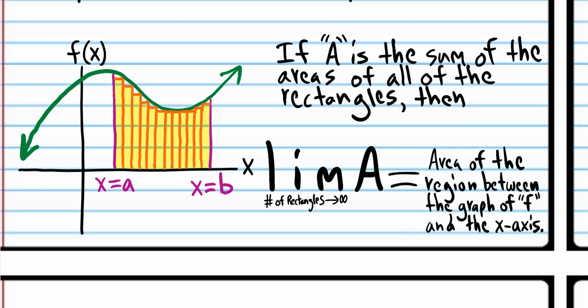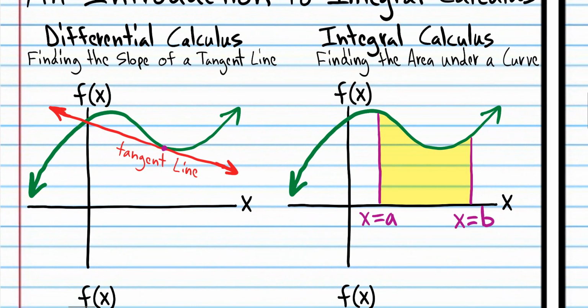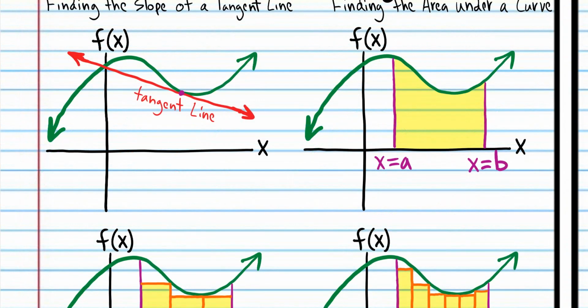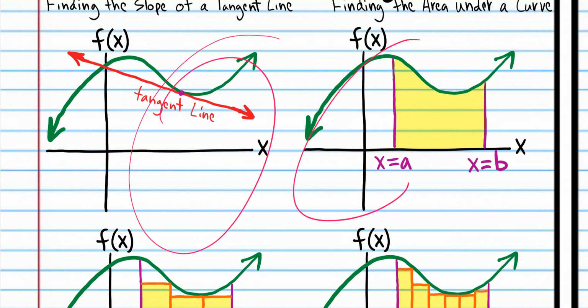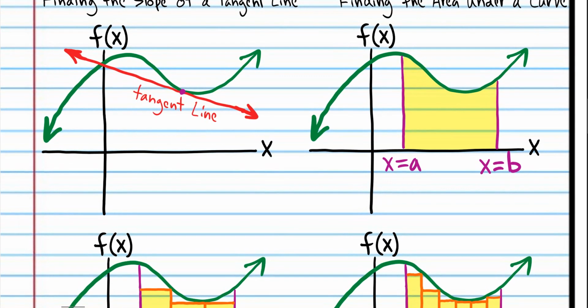As you can see, it's not really that difficult of a concept to understand. In my opinion, understanding differential calculus is actually more difficult. Now, mathematicians suspected that these two problems had an inverse relationship before Isaac Newton even proved that they do.